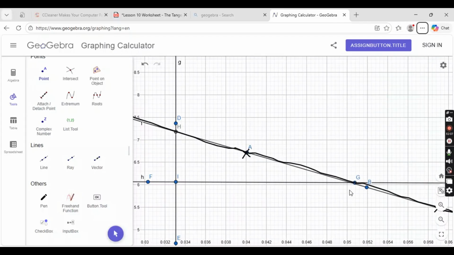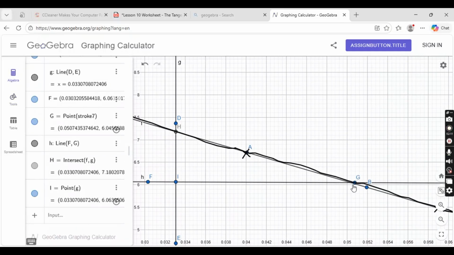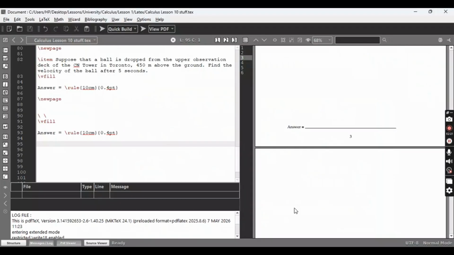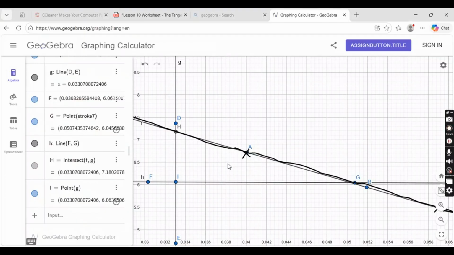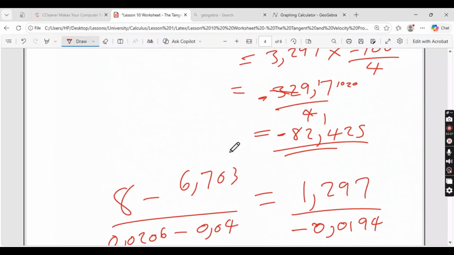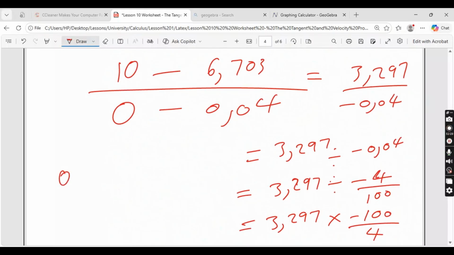So let's try that. What's point G? Point G, x is 0.3, 3.